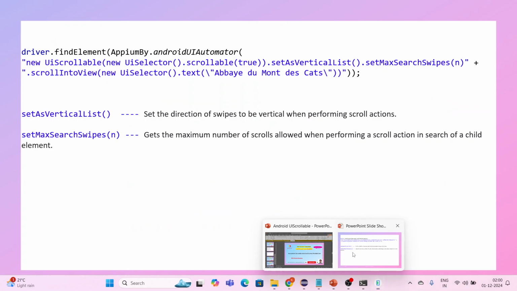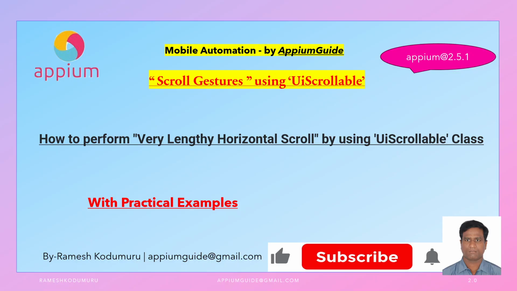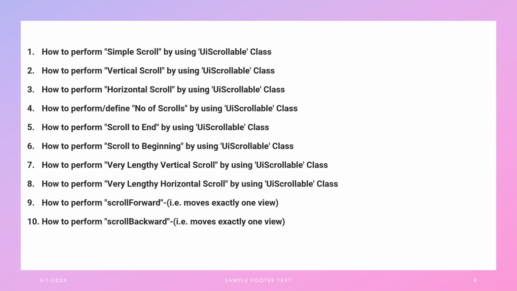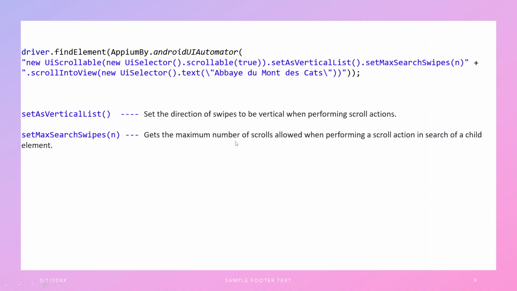So we have this command, new UiScrollable, new UiSelector dot scrollable true, and we have to provide setAsVerticalList, because we are scrolling vertically, and we have to set the max search swipes.